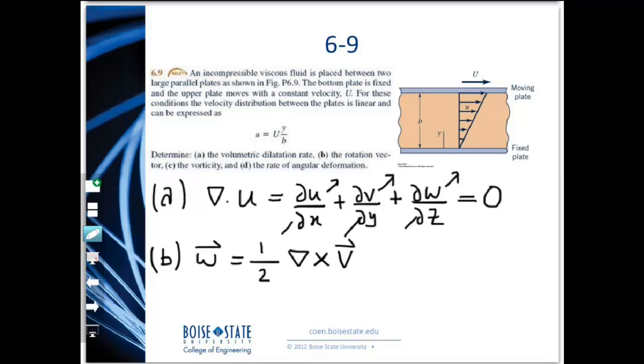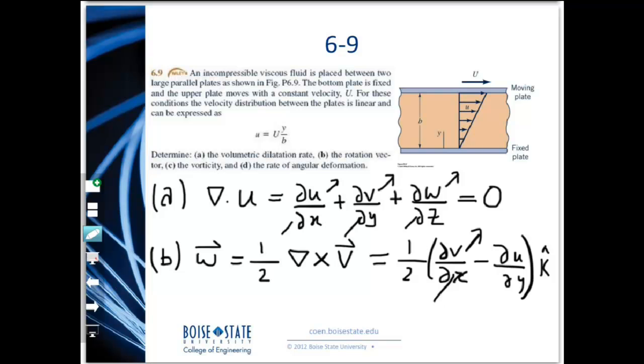So all we are left with is half dou v dou x minus dou u dou y, which is the k component of the vorticity vector. Again, dou v dou x is 0.